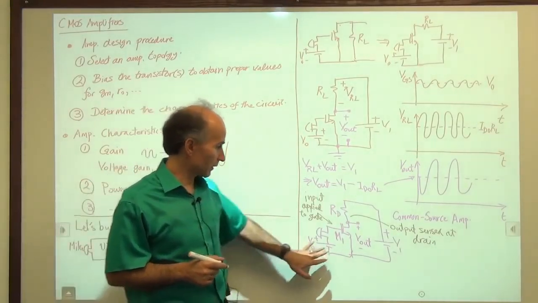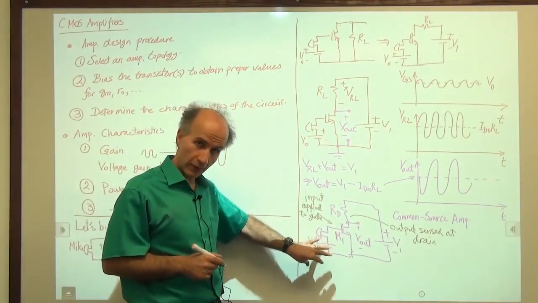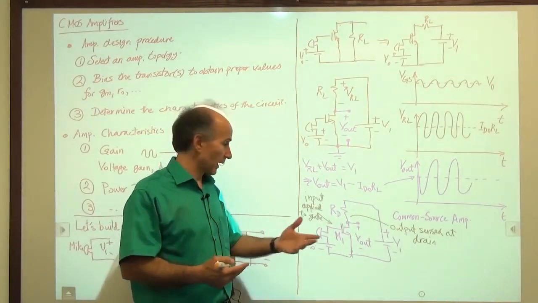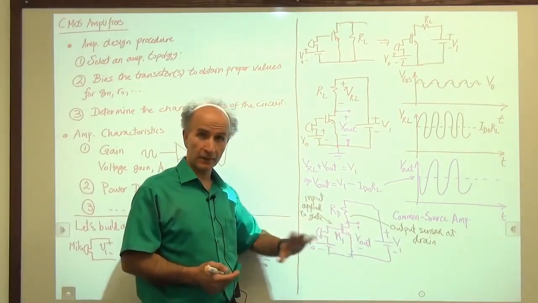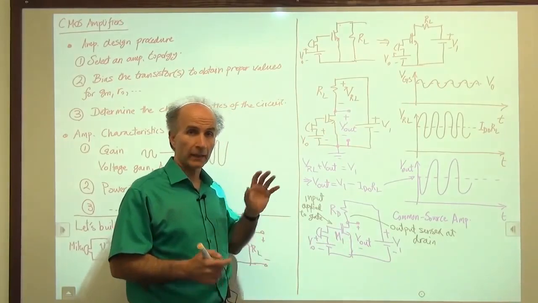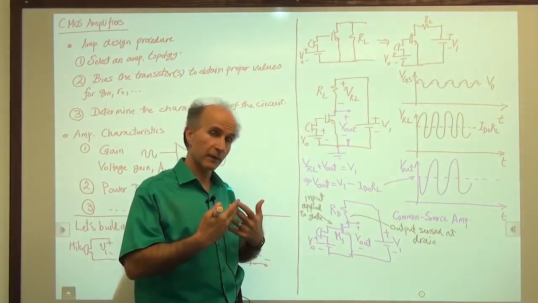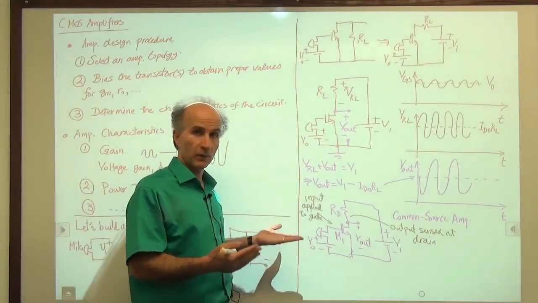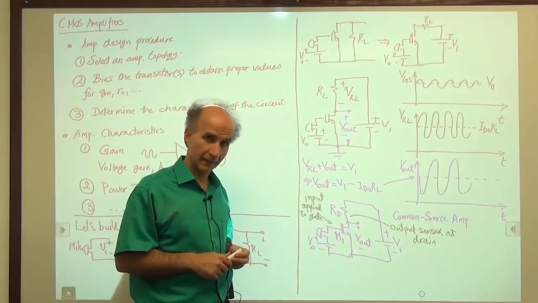Presumably the bias conditions are good. We have chosen V0 and V1 and everything else so that we have some current, some VGS, some VDS, the device in saturation, and now we can draw the small signal model of the device in saturation, and then we can analyze the circuit to see how much voltage gain we can get.